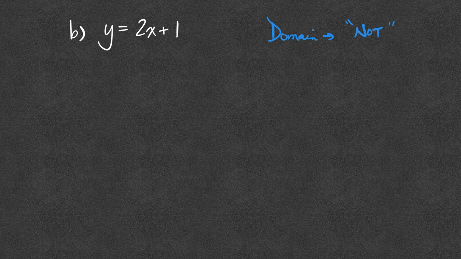Is there an x value that if I replace that x in my equation, I double it and add 1, that I could ever go, yeah, I can't calculate that? It is impossible to calculate that. I'm hoping that we recognize, no, you could replace x with any number, and you can always double it and add 1.